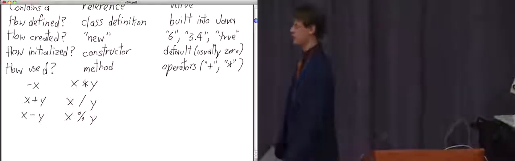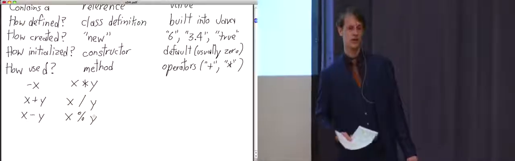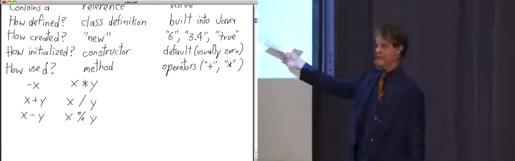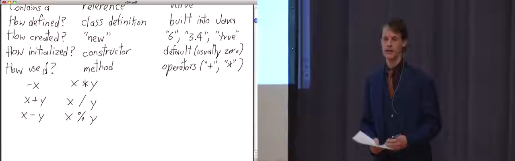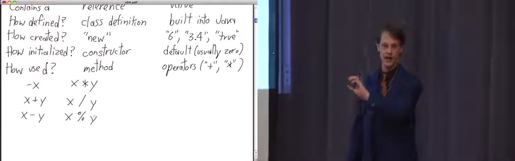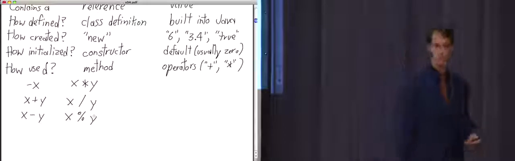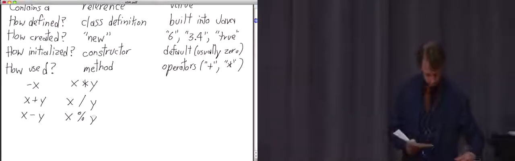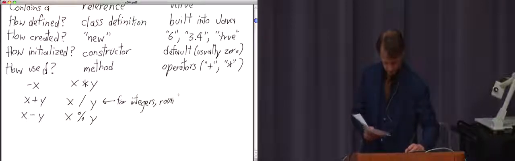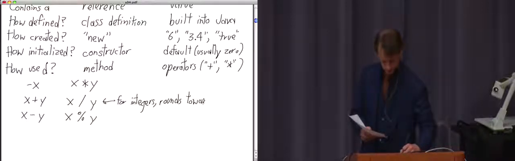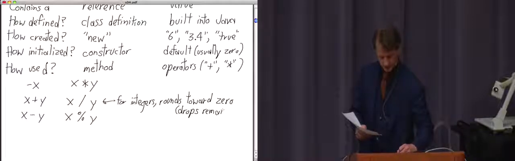And so the remainder operator is connected to the division operator in the following way. With integers, the division operator always rounds down, or rounds towards 0, I should say. So if y does not divide x evenly, the result is always rounded closer to 0, so you get an integer. Or another way to think of this is that it drops the remainder when it's doing the division.